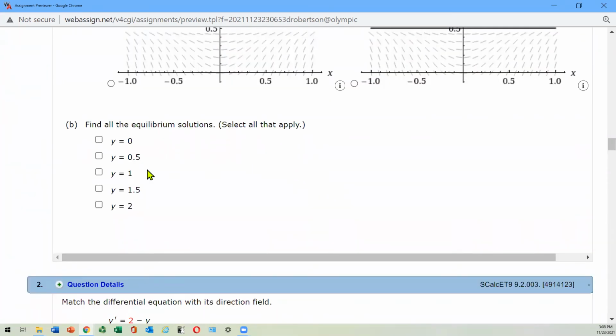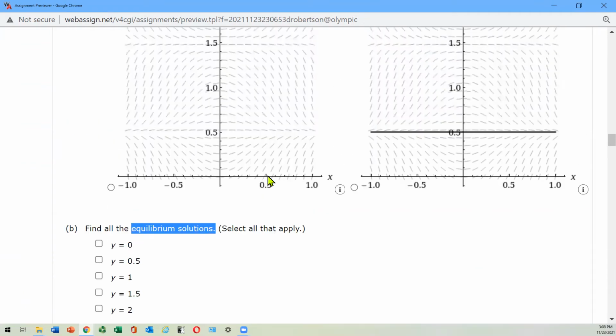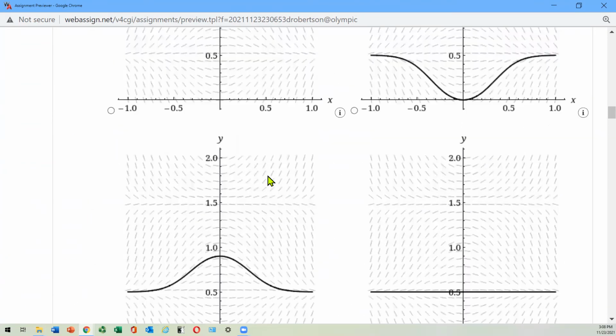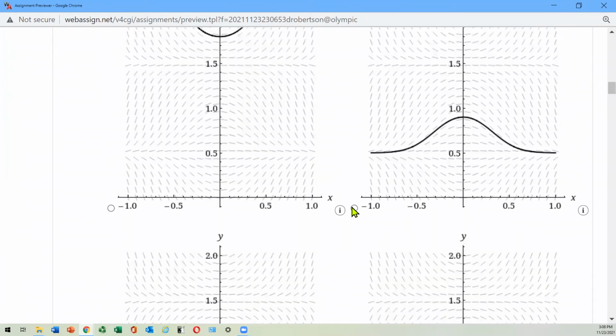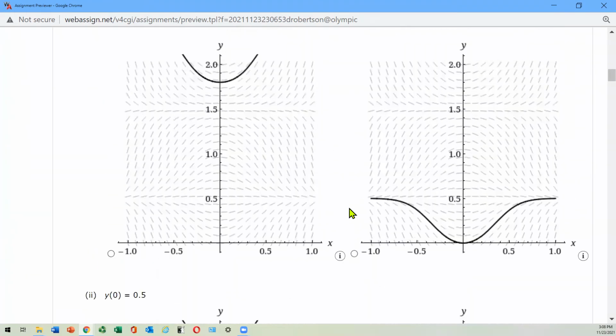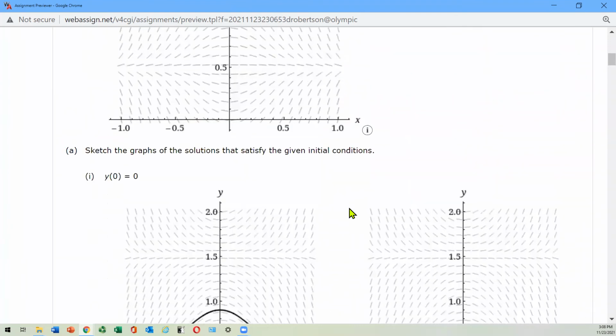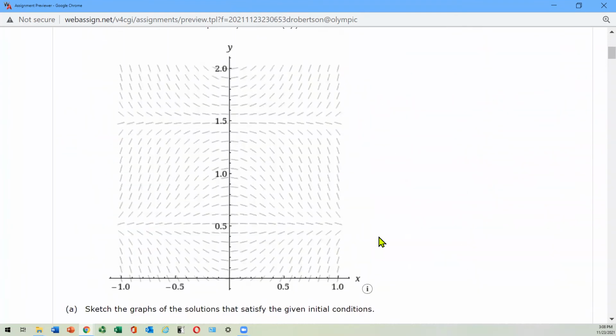Now, then it goes on and asks you, from the direction field, find any equilibrium solutions. Now, equilibrium solutions are essentially places where, for a better word, the curve hits the thing at 0. Well, do you see that?